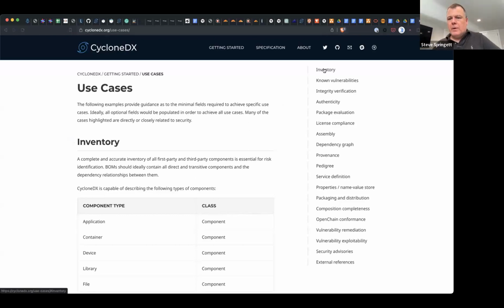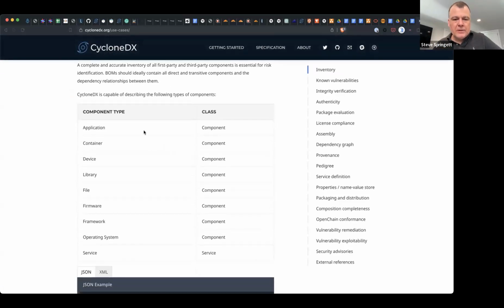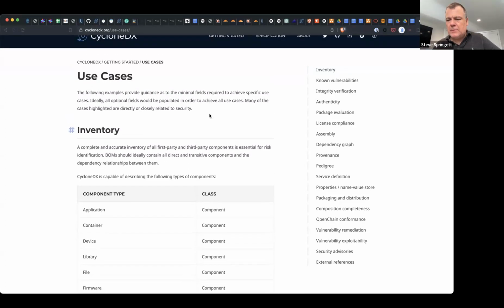So over on the right, we have the high level use cases of what CycloneDX actually does. Inventory is obviously going to be supported. You had, I think, in the CBOM spec, a new component type, cryptographic asset, right?